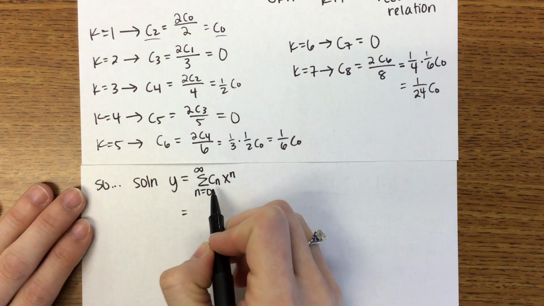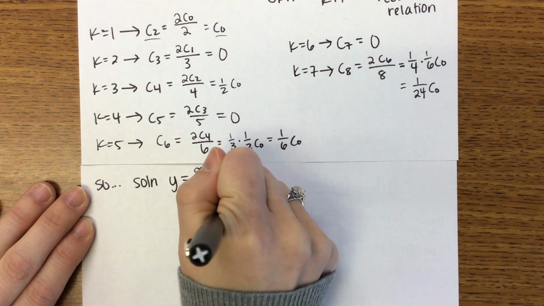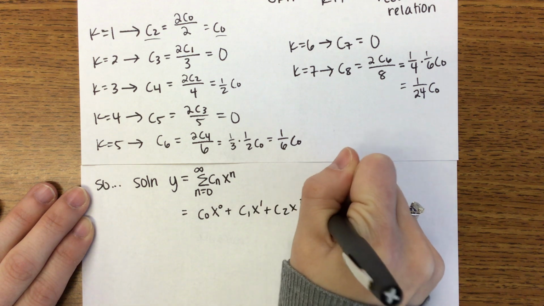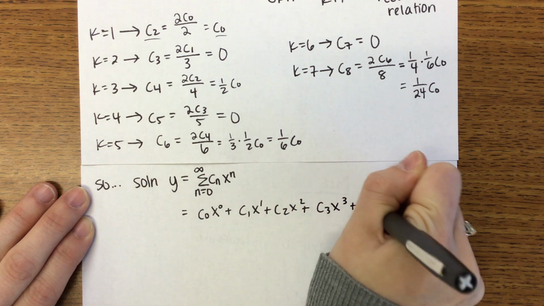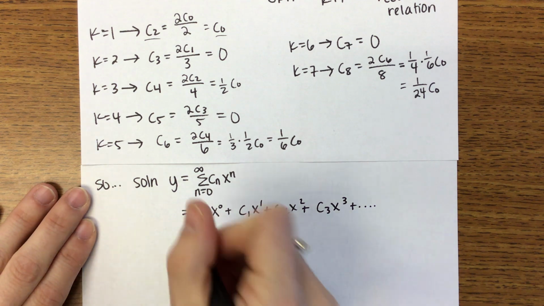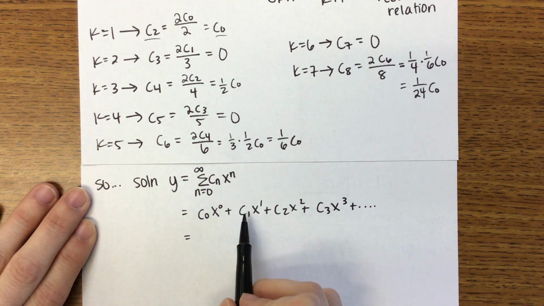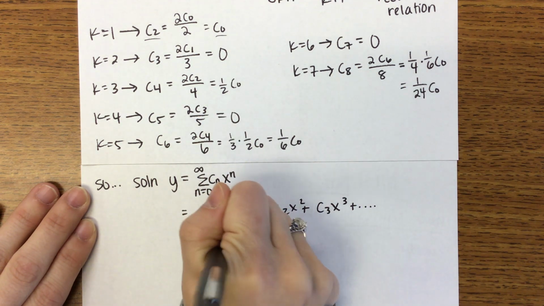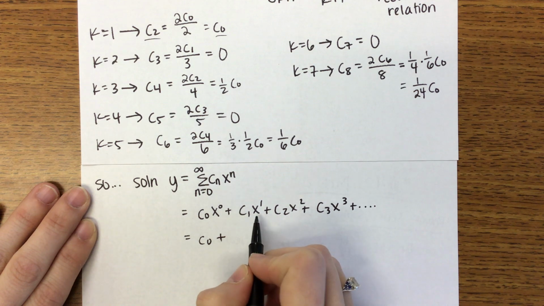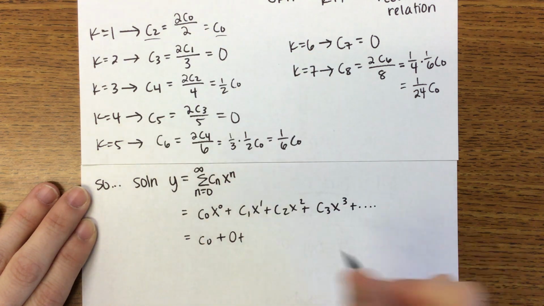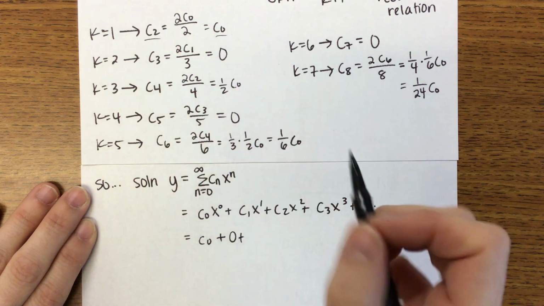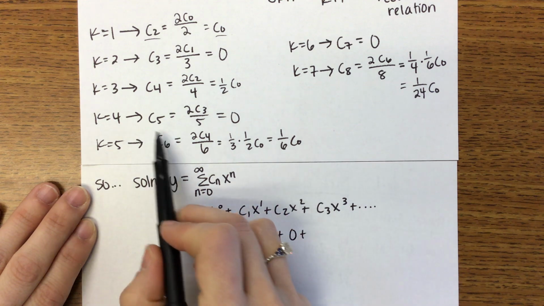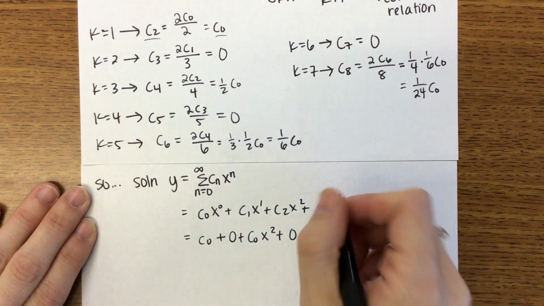So if we plug in n equals 0, we get c sub 0 x to the 0 plus c1 x to the first plus c2 x squared plus c3 x cubed, etc. Okay, so now what we have to do is start plugging in all these c's that we found above. c0 is just c0. c1 we found was 0. c2 we found was c0, so we get c0 x squared plus 0. c4 was 1/2 c0.